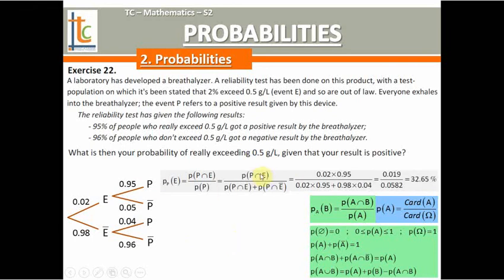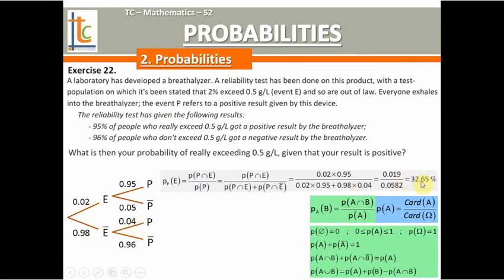The first one is 0.02 times 0.95. The result is 0.019, okay, or 1.9%. Below, you've got the same. So you just have to write it again, but you have to add the second one, that is P of P inter E bar, that is reached here. Okay, 0.98 times 0.04.